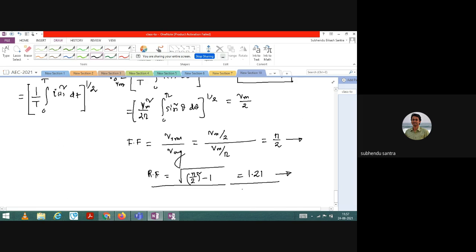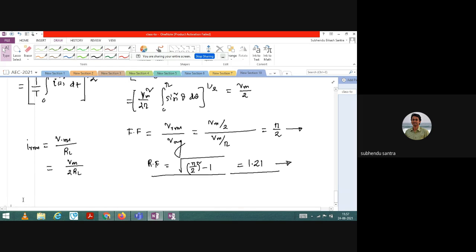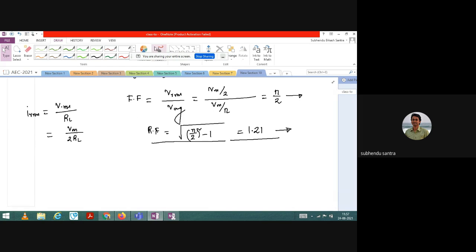And what about the efficiency? So the input RMS current, I can directly write as VRMS divided by RL for simplicity, because they are the same. So Vm by 2RL. Now we'll try to find out the efficiency. Efficiency is output power by input power.